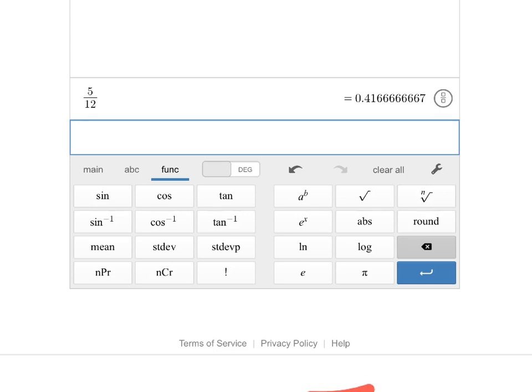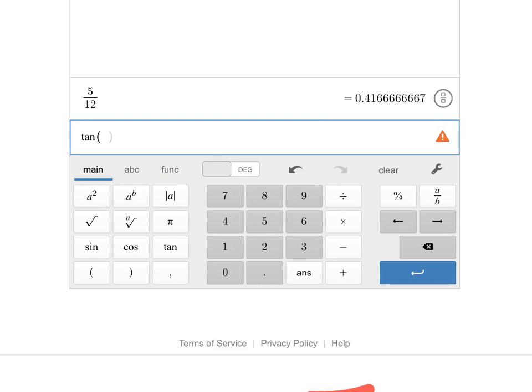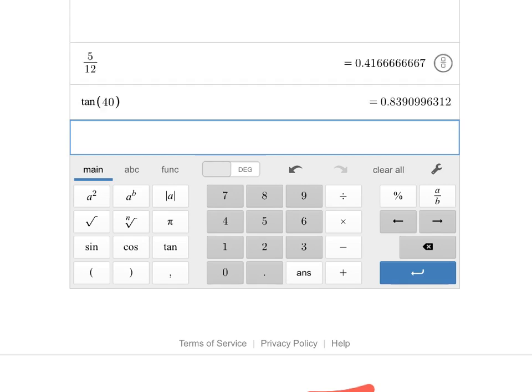I don't know what it is. Let's try the tangent of 40 degrees. That's 0.83. I'm sorry, can't read. So nope, that's too big.